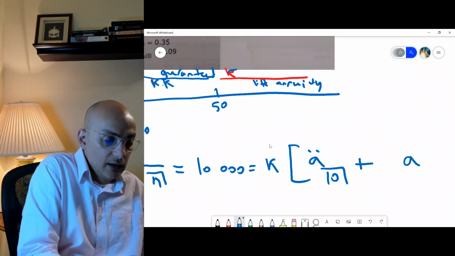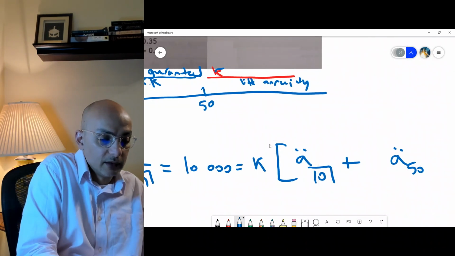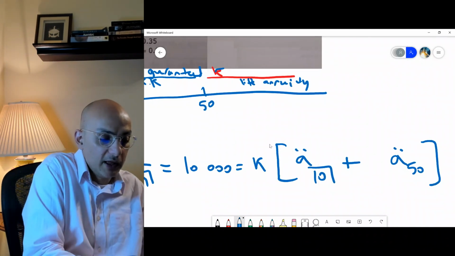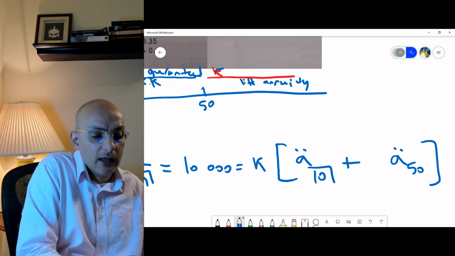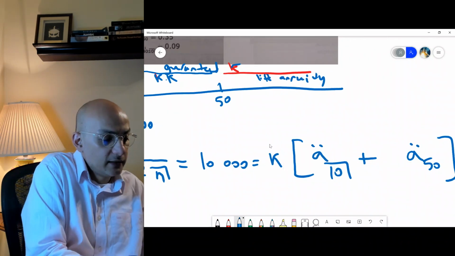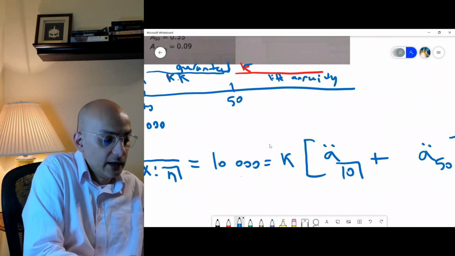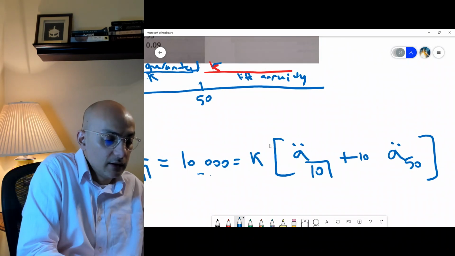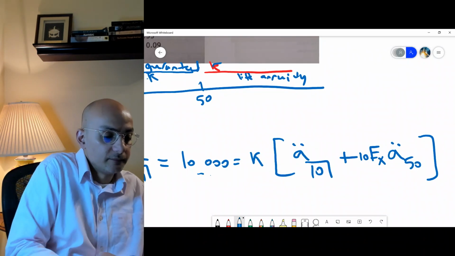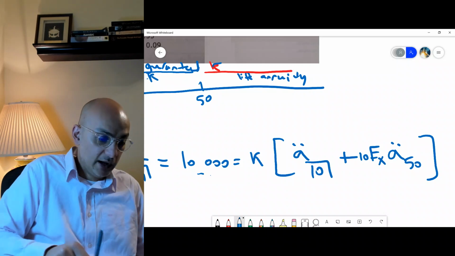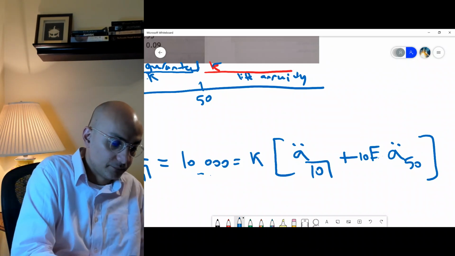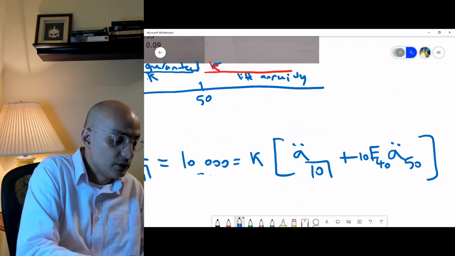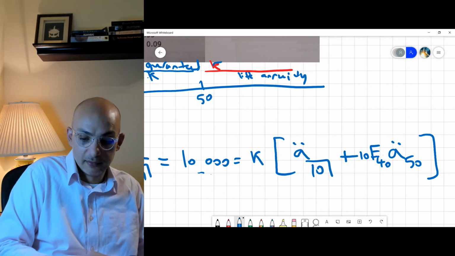At age 50, you're going to get this amount, this insurance multiplied by K, right? But because we are evaluating it at time 40 and the actuarial present value is 10,000 because they are equivalent, then here we need 10E X, right? And our X here is 40, because we are evaluating at time 40.